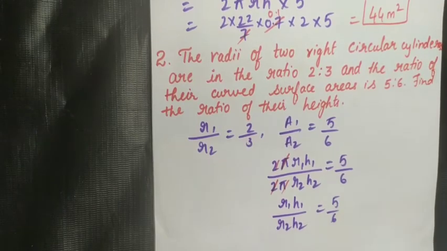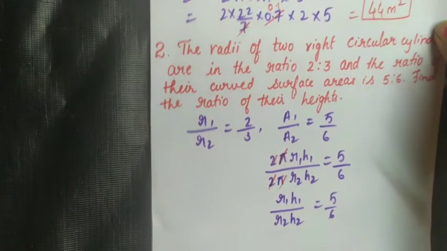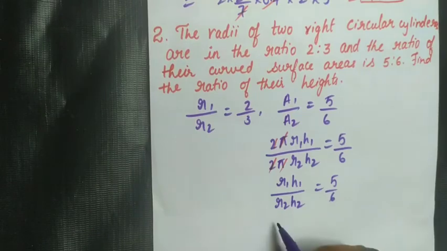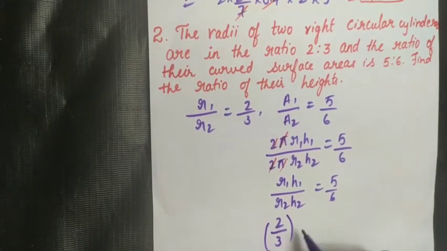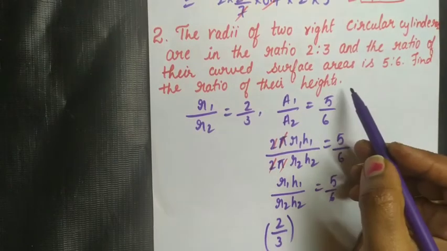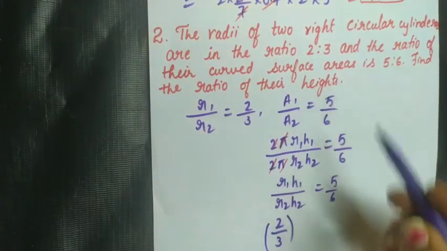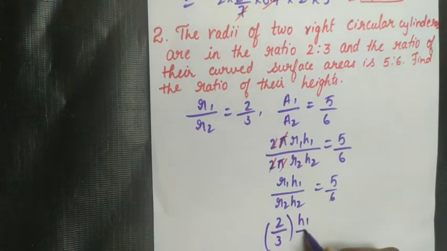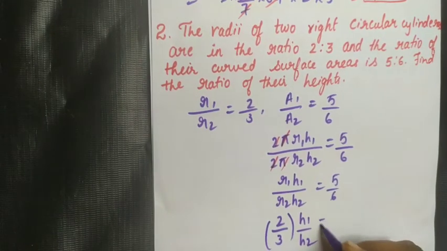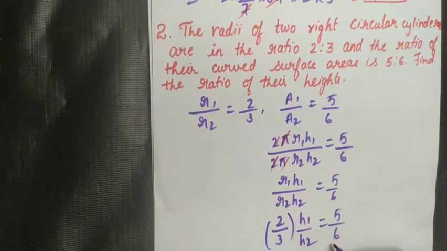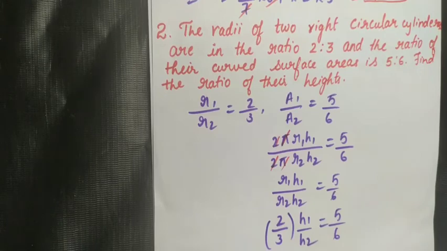Now what is R1 by R2? It is already given, it is 2 divided by 3. 2/3 into H1 by H2, and we are supposed to calculate the ratio of heights, that is H1 by H2, which is equal to 5/6. Now we have to cross multiply.